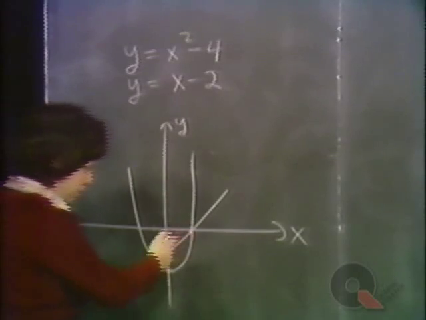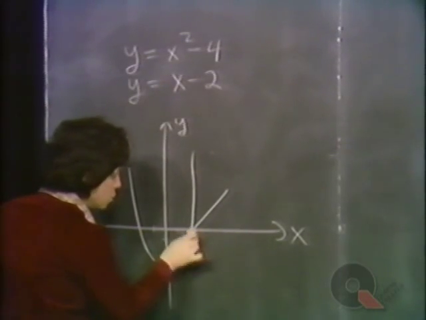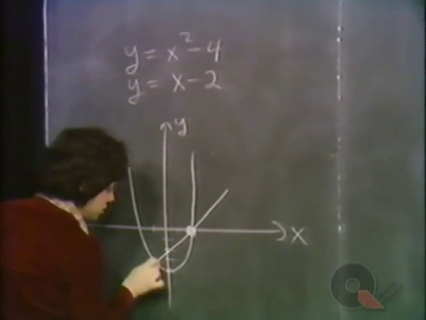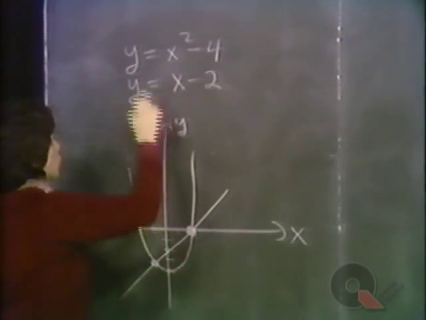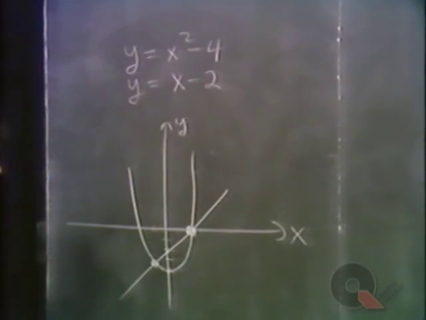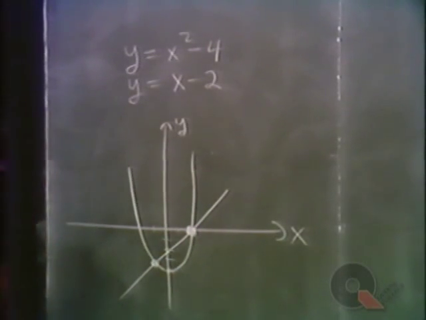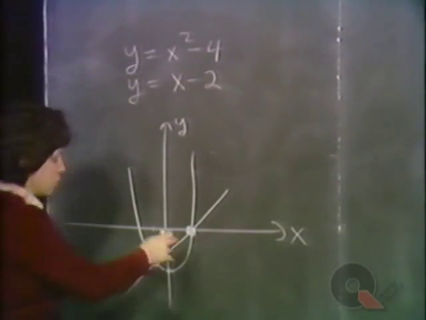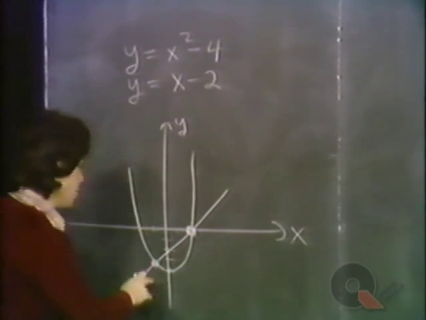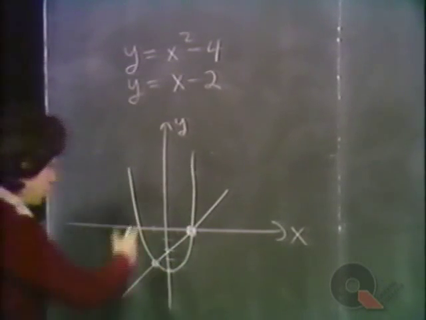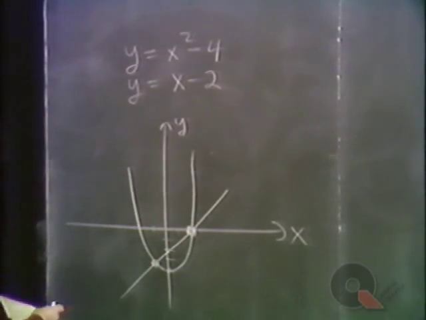So we would expect 2 points of intersection, 2 solutions to this system of equations, since the line cuts the parabola in 2 spots. In this particular example, it's sort of easy to read this off, but in others we'd have more difficulty reading it exactly from the graph.